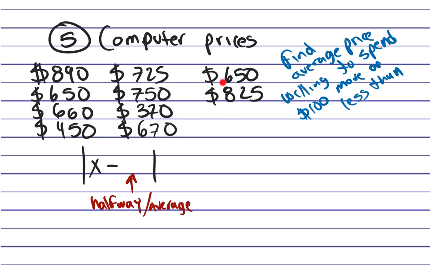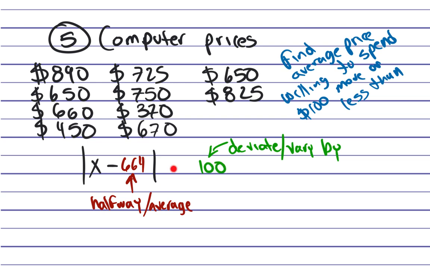We're going to add them on the calculator and divide by 10 because there's 10 computers in total. When I did that, my average was 664. And then the number here is how much I want to deviate or vary by. In this case, I'm going to vary by $100. I'm willing to spend $100 more than the average or less than the average. So that's what's going to go here, my 100.